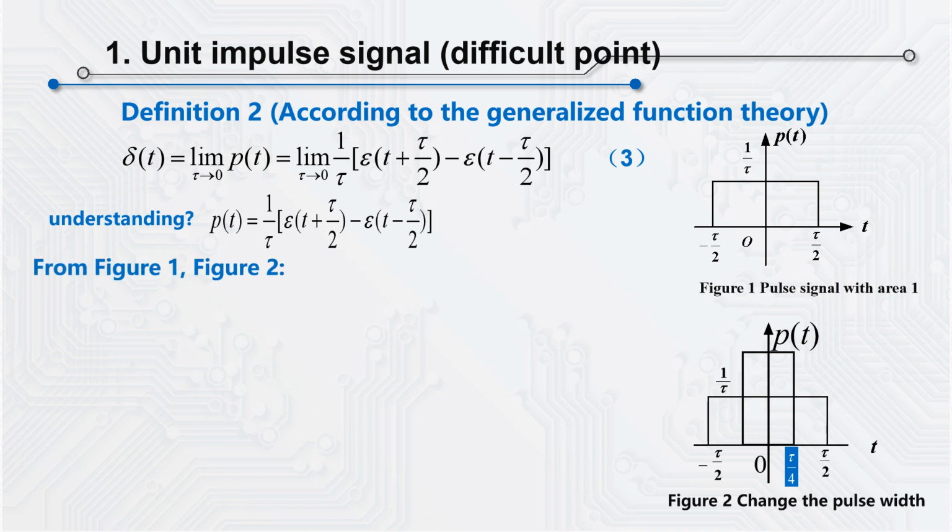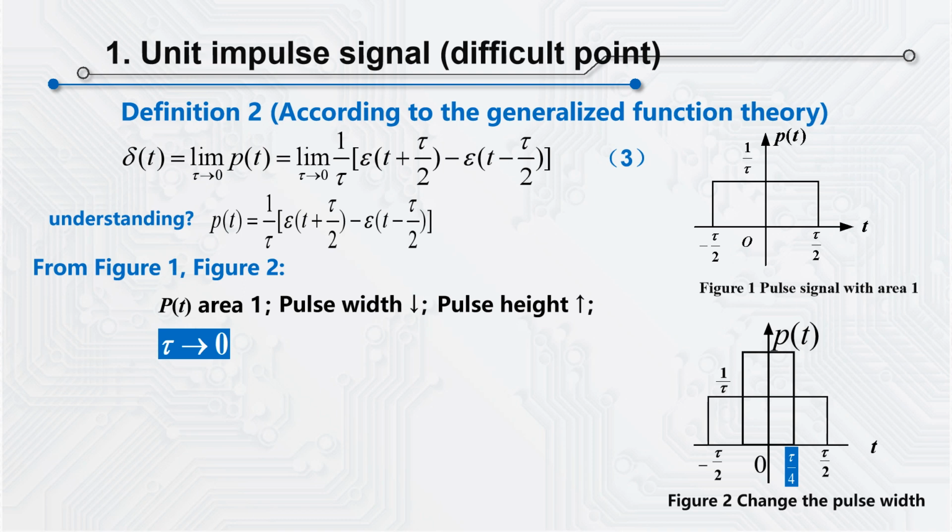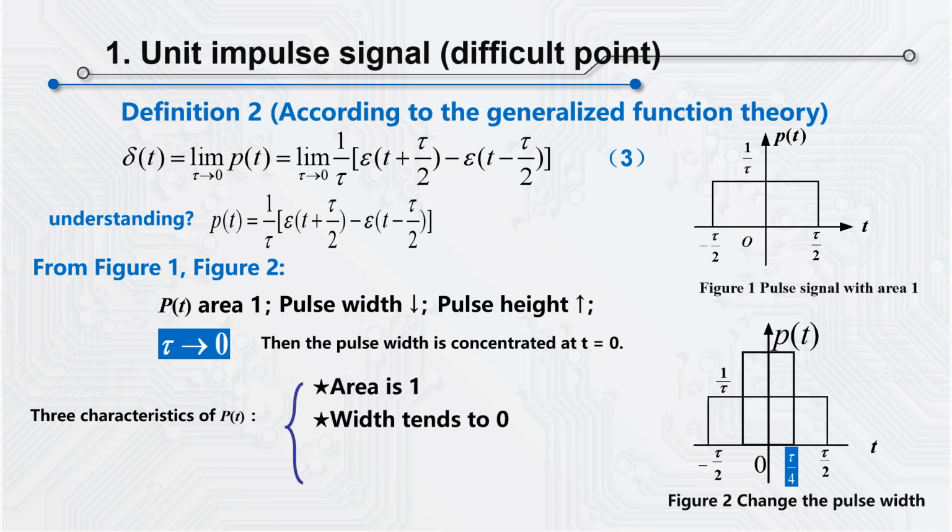By comparing Figure 1 and Figure 2, it's clear that the area of pt is 1, and as the pulse width decreases, its pulse height rises. If tau approaches 0, the pulse width is concentrated at t equals 0, and the height is approaching infinity.